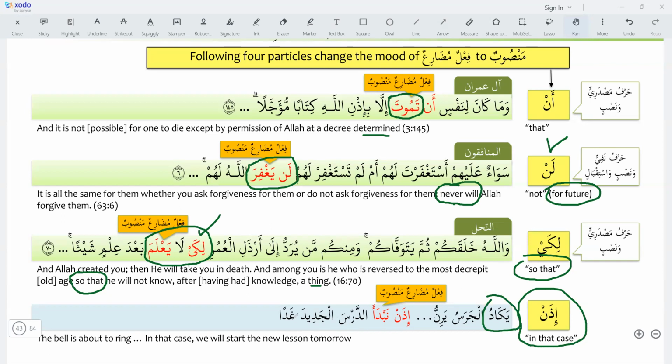In that case, if the bell rings, then we will start a new lesson tomorrow. Because of this, nabda'u changes into nabda'a. If we don't use izan, it is nabda'u darsal jadida gadan. So nabda'u changes into nabda'a.